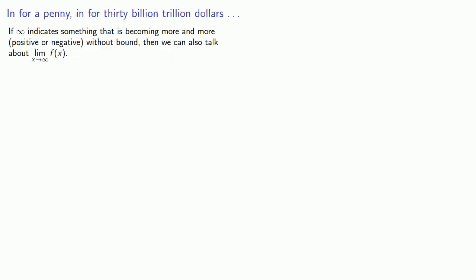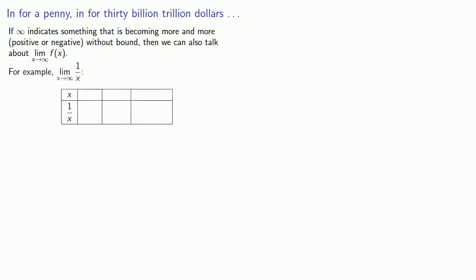If our infinity symbol indicates something that is becoming more and more, whether positive or negative, without bound, then we can also talk about the limit as x goes to infinity of a function. For example, let's look at the limit as x goes to infinity of 1 over x. So as before, we'll consider x values that are getting larger, and larger, and larger, and we'll calculate our 1 over x values.